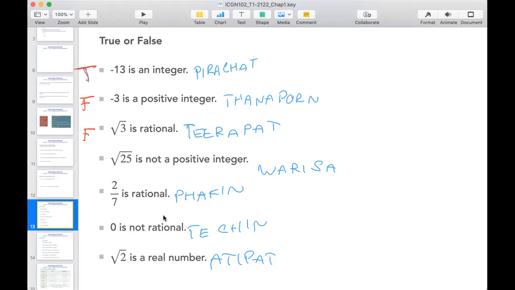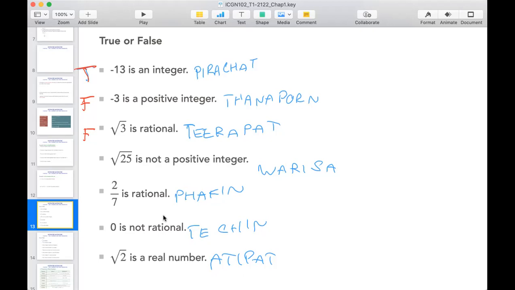Square root of the absolute value of negative 4 gives you 4, because the absolute value always gives a positive answer.